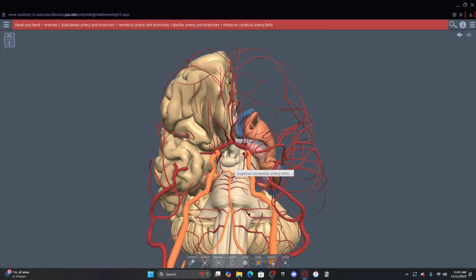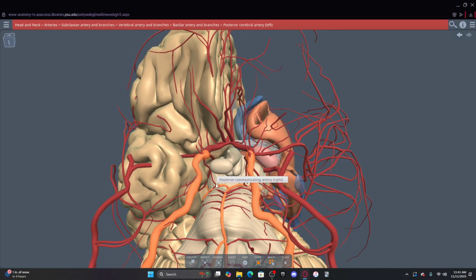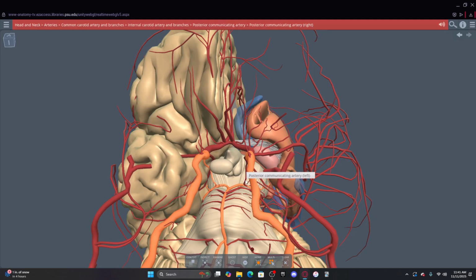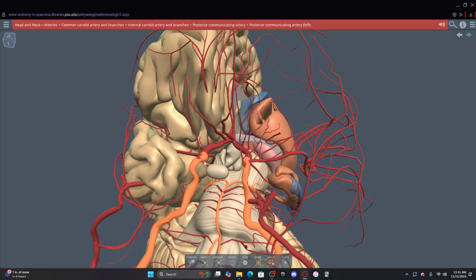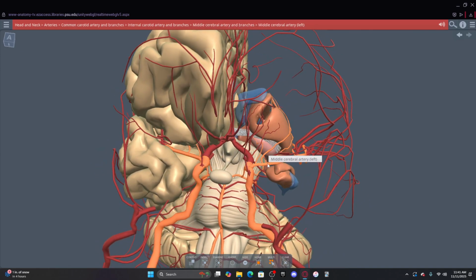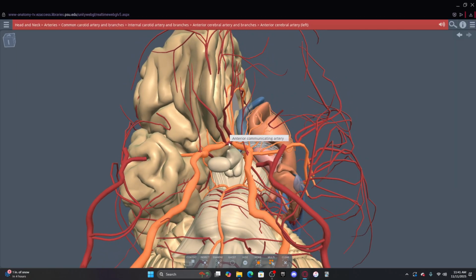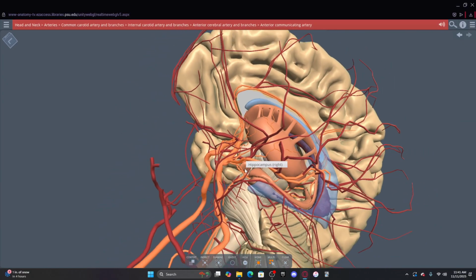And then we're going to go from our right and left posterior cerebral to our right and left posterior communicating arteries. Then from there, we're at the internal carotid, and then we also see our middle cerebral arteries and also our anterior cerebral arteries. And connecting our anterior cerebral arteries is the singular anterior communicating artery.